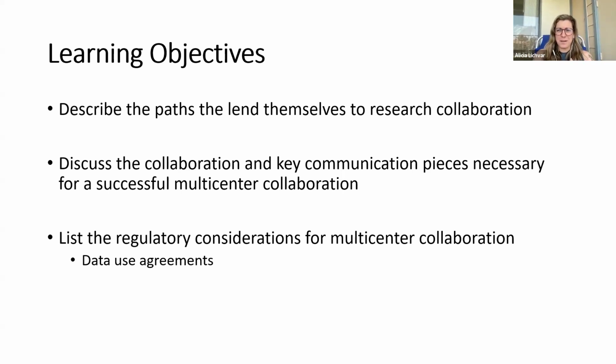To quote a viral meme, it just doesn't fall out of a coconut tree. Second, discuss the collaboration and key communication pieces necessary for successful multi-center collaboration, and then talk about some of the regulatory considerations that you have to think about in terms of doing any multi-center work. Next slide.